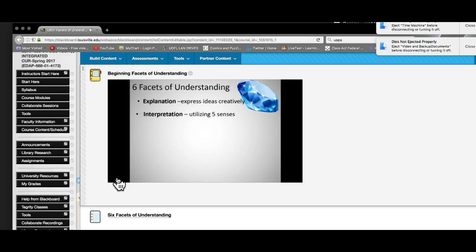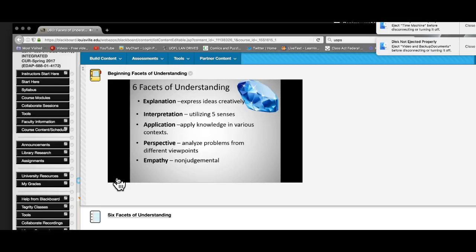Demonstrating application. Students recognize that the same concept can be and often is illustrated in a variety of settings or subject matter. Understanding is also exhibited by students demonstrating an ability to analyze problems from various perspectives with an open mind.